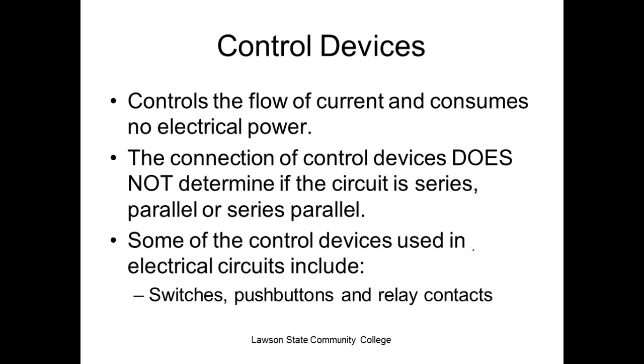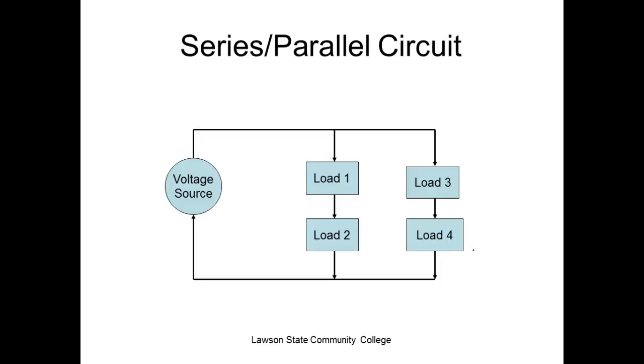But we do have control devices, so we need to have the ability to control this current. So what can I do with these lights right here? I can turn them on or turn them off. Okay, we can do this with our TVs. So definitely we need to have some way that we can control the flow of current. We need to have some way that when something happens, and so if I was to come over here and accidentally touch these two wires together, that's bad.